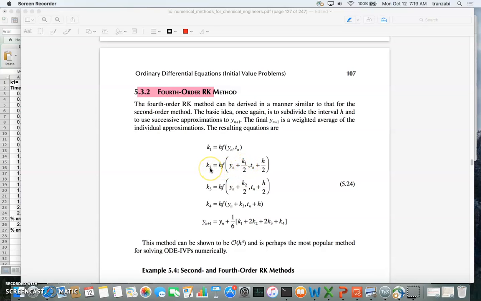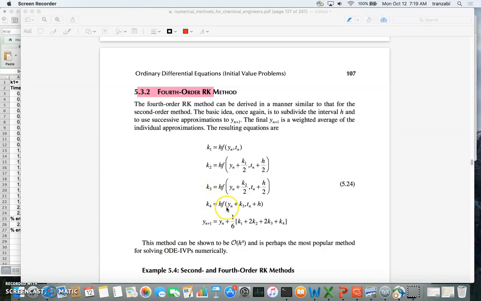We call it k2. Then we evaluate f again at another new point, which is y plus k2 over 2 and t plus h over 2 again. You see that the y values change, but the t values are identical. That's going to be k3.